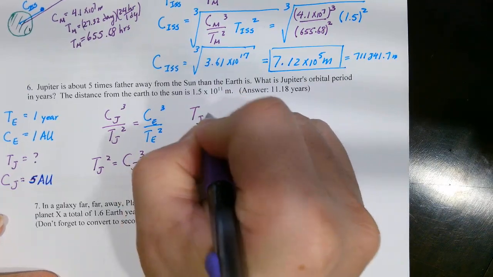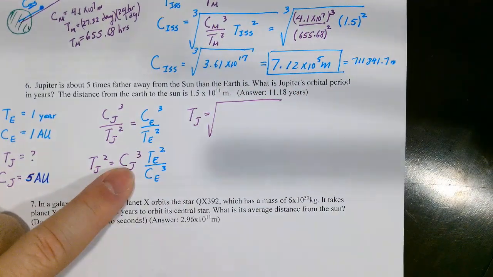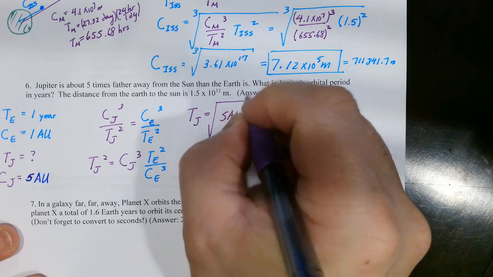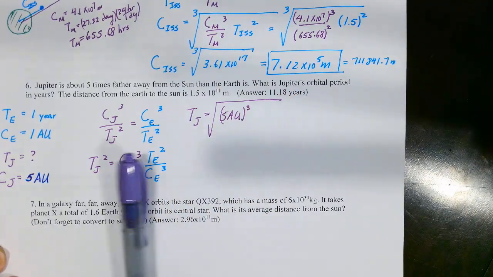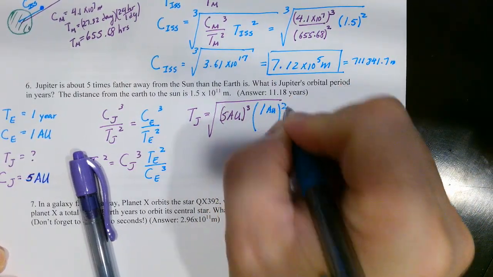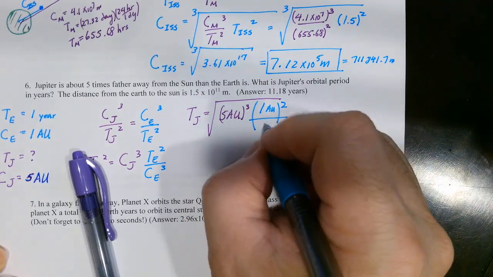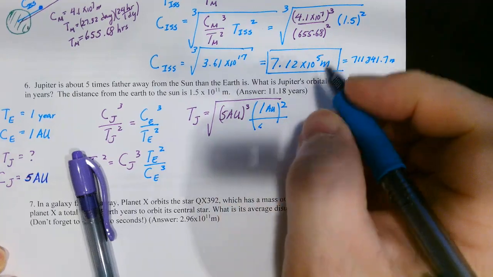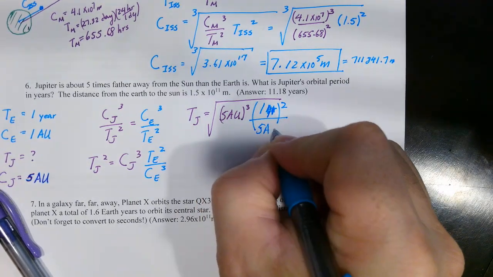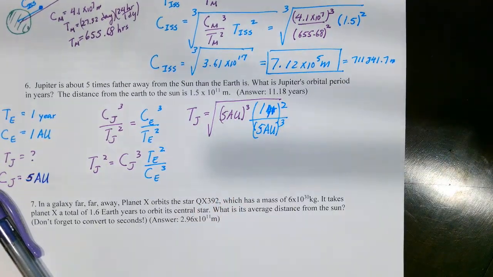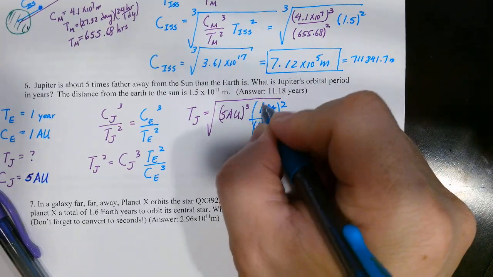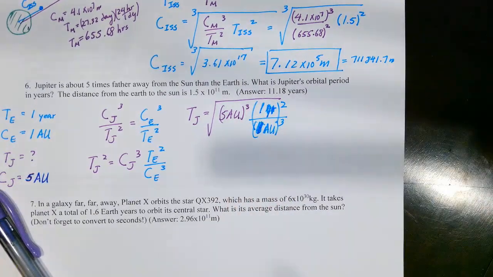So T Jupiter is equal to the square root of C Jupiter, which is 5 AU, cubed, times 1 year squared, over 1 AU cubed, sorry, I'm getting all confused here. So this should be 1 year, 1 AU.